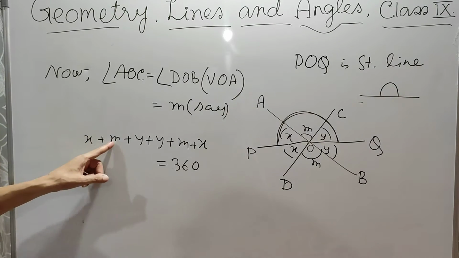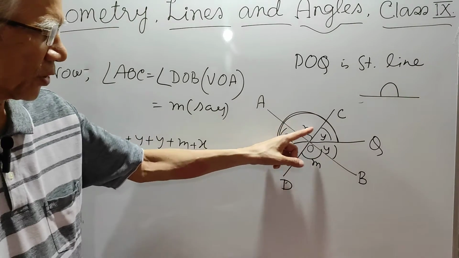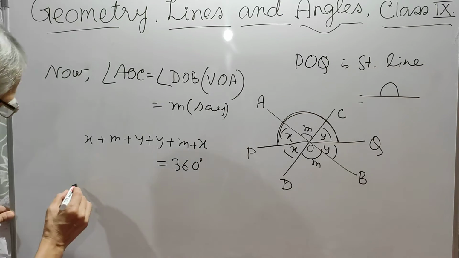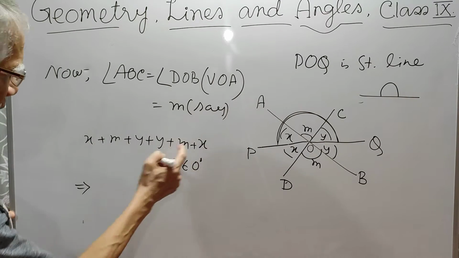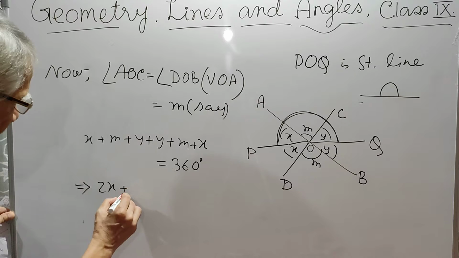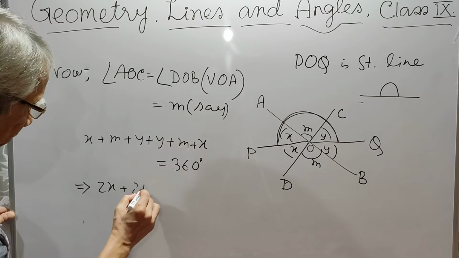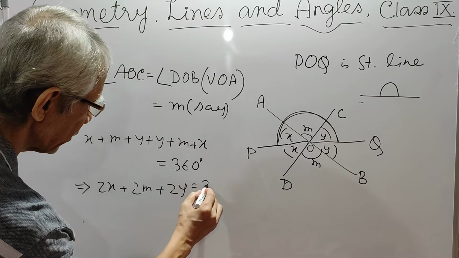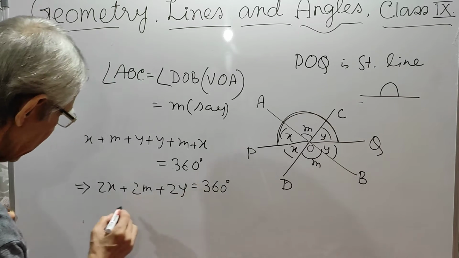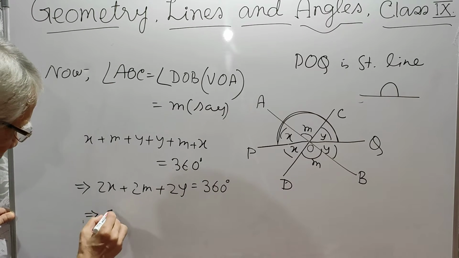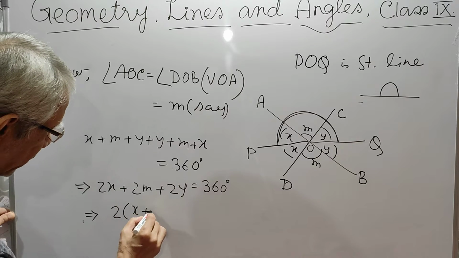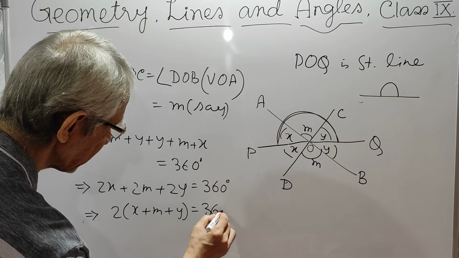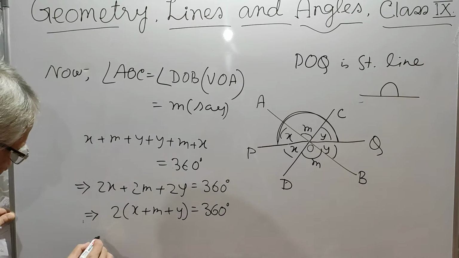All right, 1, 2, 3, 4, 5, 6. The sum of these 6 angles is equal to 360 degrees. Now you see X plus X is twice X, M plus M is twice M, Y plus Y is twice Y. So that is equal to 360 degrees. So this gives 2 common, 2 times (X plus M plus Y) equal to 360 degrees. Therefore, finally what do you get?